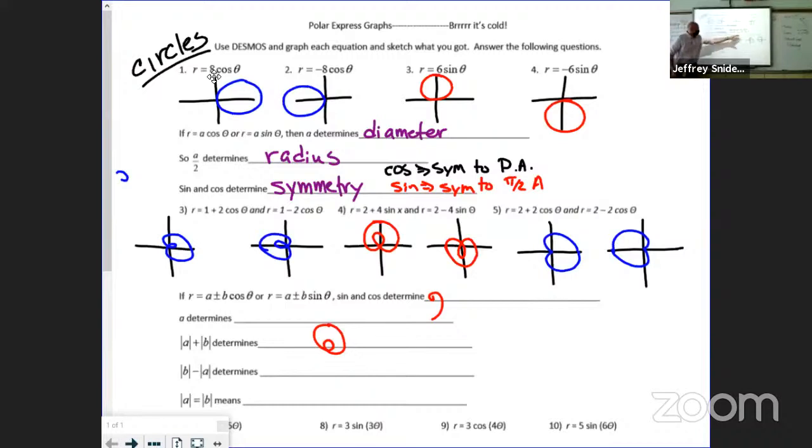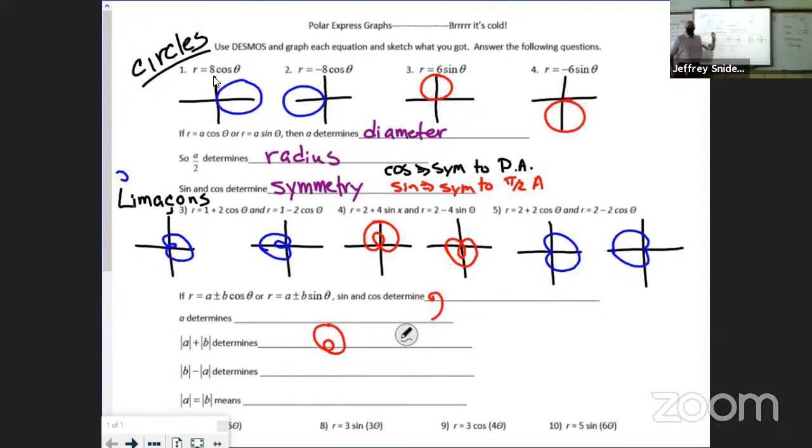Now, let's talk about what these are all called. These fall under the category of what are called limaçons, and this has a little accent below it. They're referred to as limaçons. All of them are, because of the way they're written. Now, the first three all have what is called an inside loop.